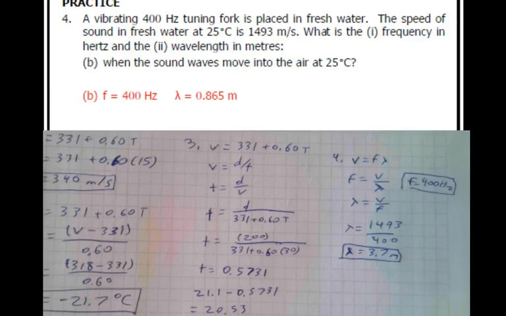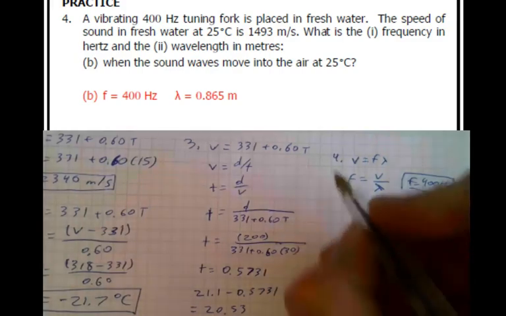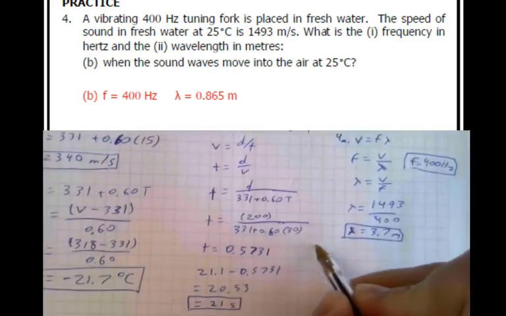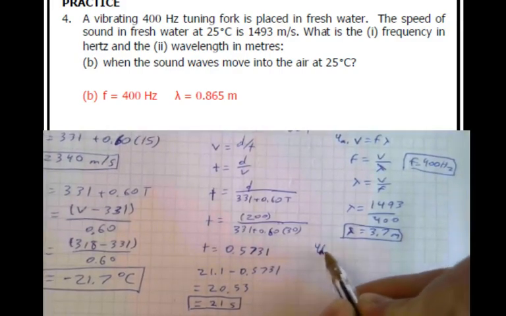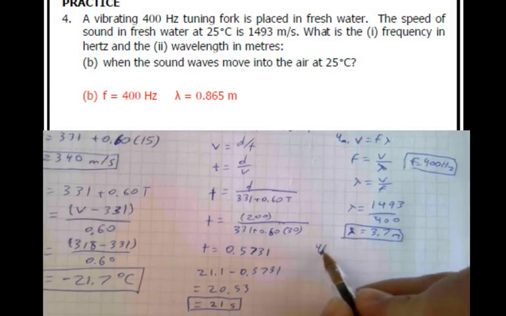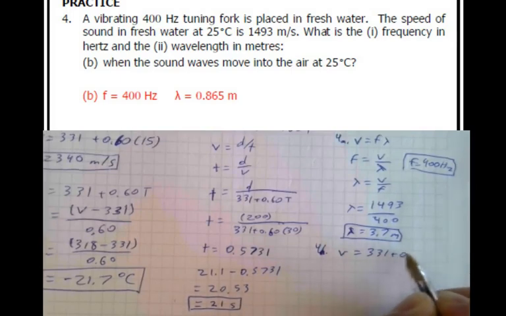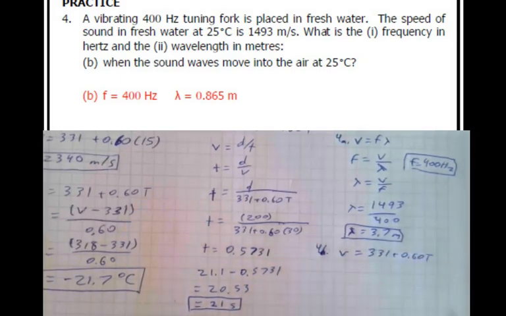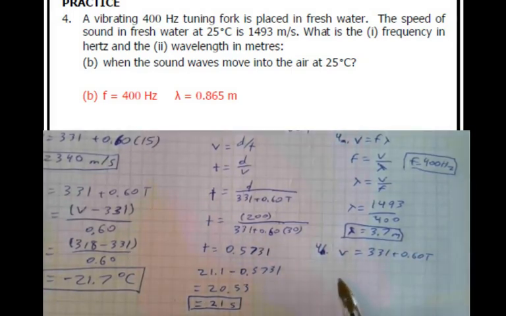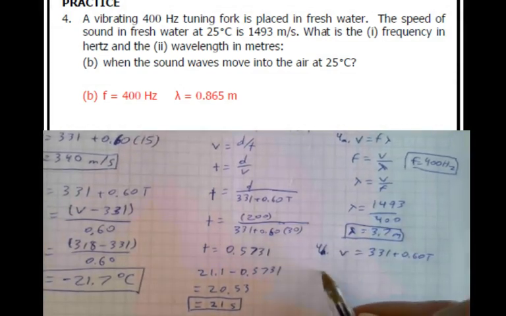It says when the sound waves move in air at 25 degrees Celsius. Well, in this case, we would have to use our equation first to find out what our v is. So v equals 331 plus 0.60 T. And rearranging that equation for lambda, the frequency would be the same, of course.